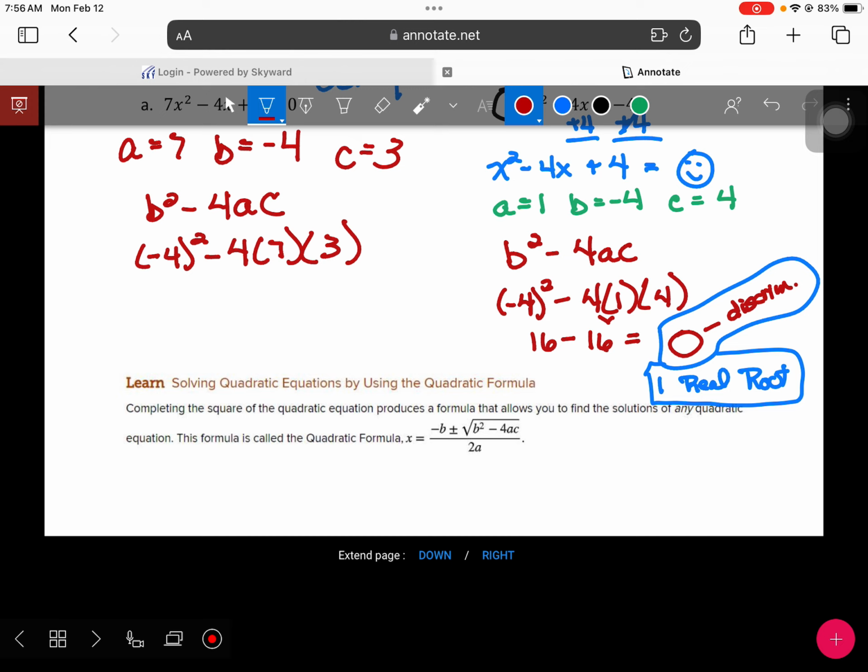So negative 4 squared is positive 16 minus 4 times 7 is 28 times 3, which is 84, so it's going to be a negative value, negative 68.